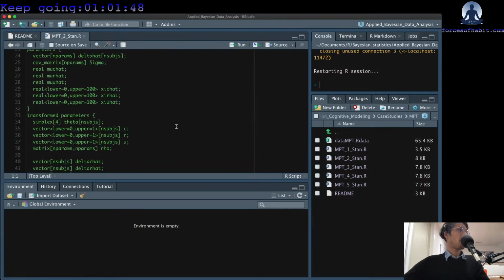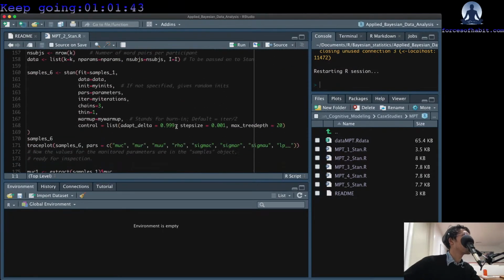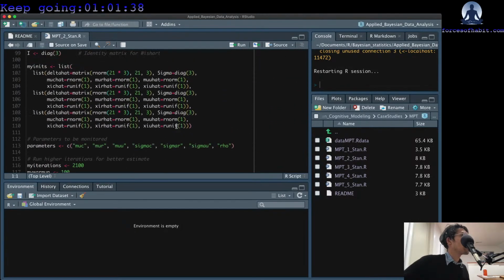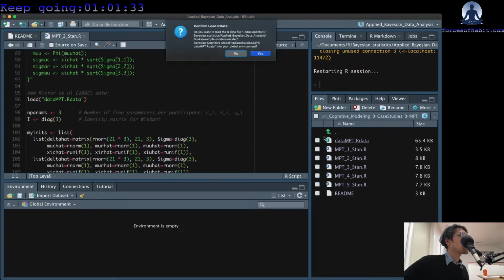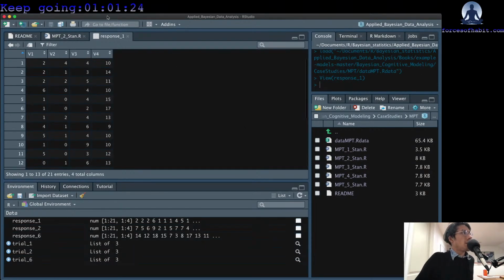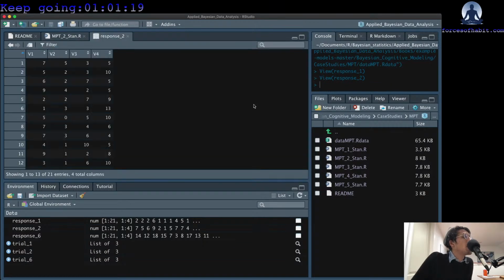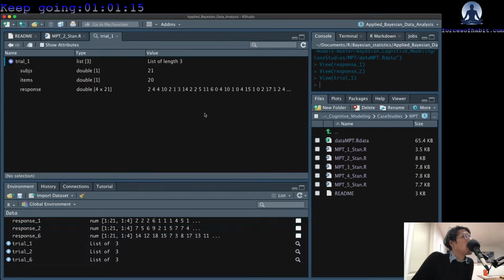Here's the multinomial processing tree example. Right, so 21 subjects, responses across the 4 examples, then trial.